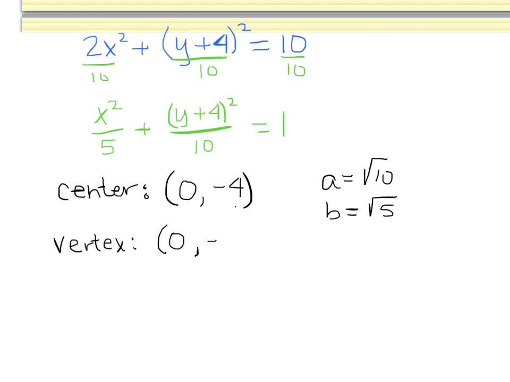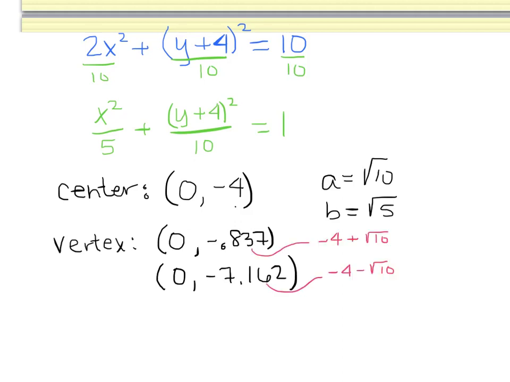You'll see is a negative 0.837. To find the other vertex point, I'm going to subtract. So I have 0, and when I go a negative 4 minus the square root of 10, I get a negative 7.162. I did just go in and write in where I got those values so that you have them for your notes.